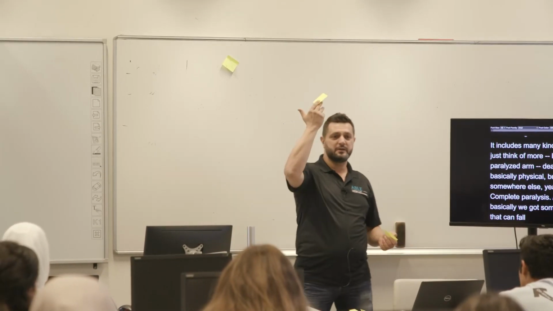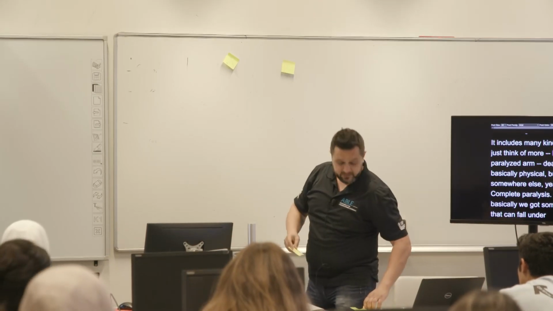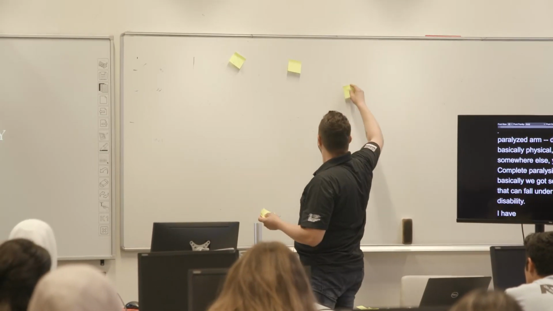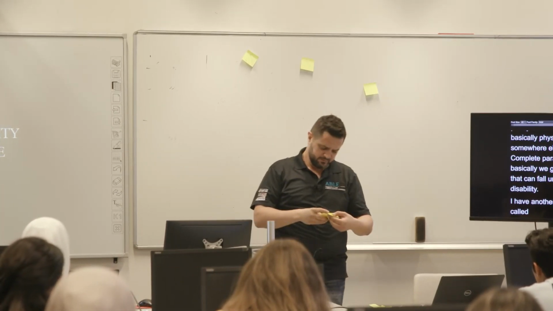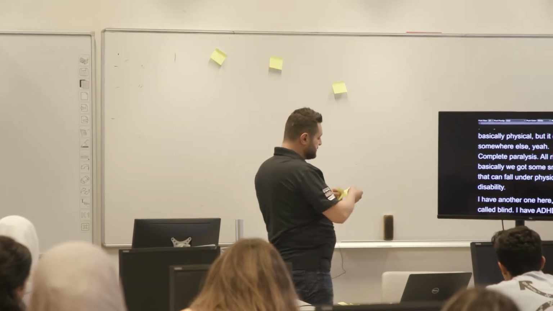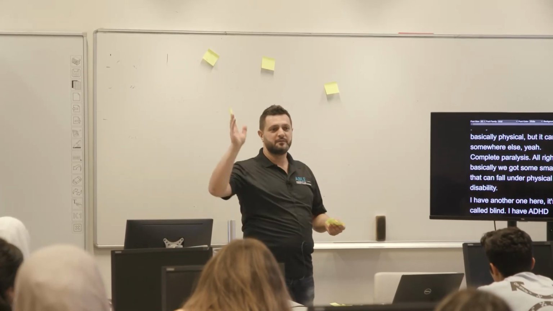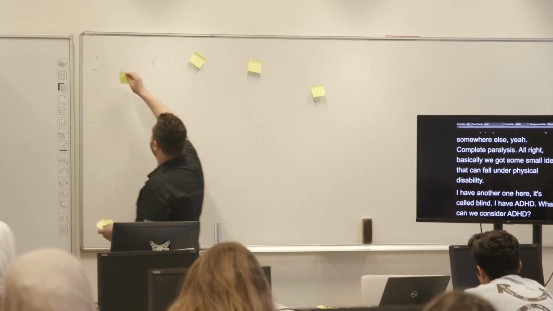I have another one here, it's called blind. I have ADHD. What can we consider ADHD? Cognitive, thank you. Being able to speak properly falls under speech. I'm gonna keep the speech here.